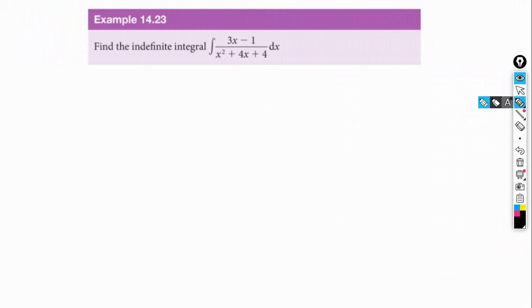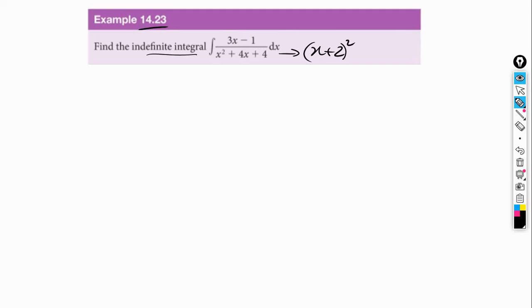Very well, so next we're going to work on example 14.23, and it says find the indefinite integral. And it's the case where we need to split this up using partial fractions. So notice that the denominator here is equal to (x + 2)². So this is a case of repeated linear factors.